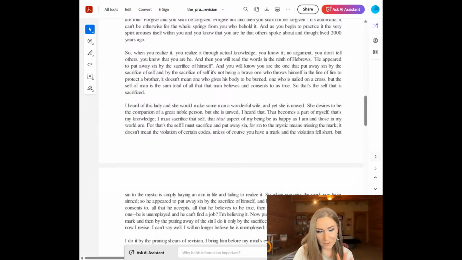So I know that was a lot, so I really want to break that part down because this is important again. What he's saying in this example, he knows of a woman who would make a wonderful wife to somebody, and she desires to be in a loving marriage. She desires to have a companion, a husband, but she's unwed. So when Neville receives this knowledge, when we receive this fact about another, that becomes a part of ourself.